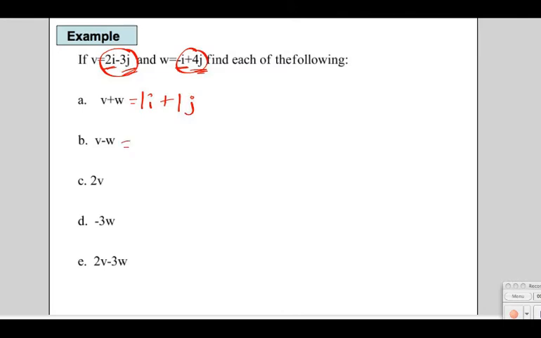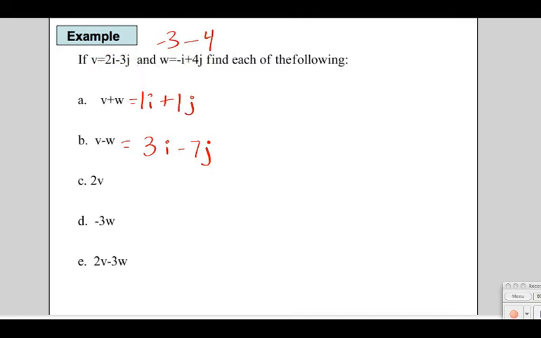So now I'm subtracting the two. So I'm going to do 2 minus negative 1 for the i value. 2 minus negative 1 is 3i. And for j, I'll do negative 3 minus 4, because this was positive 4. So negative 3 minus 4 would be negative 7j.